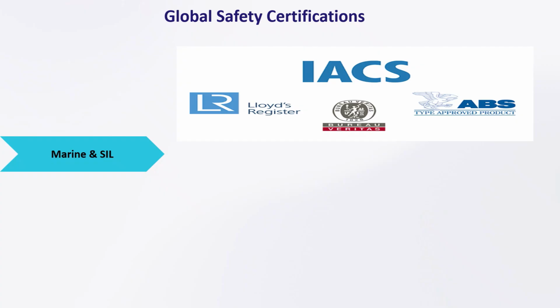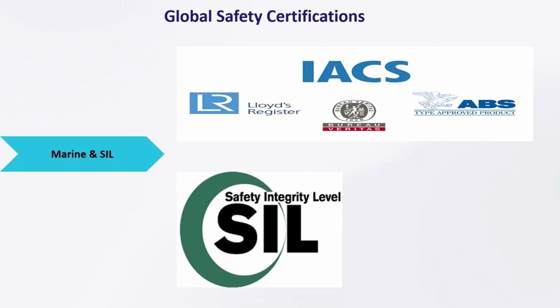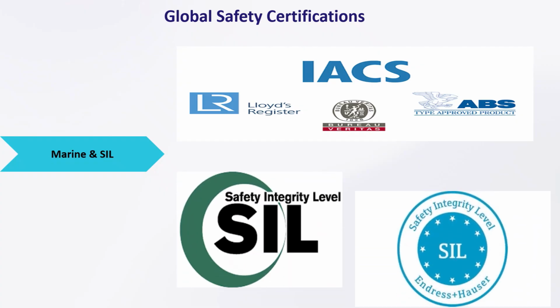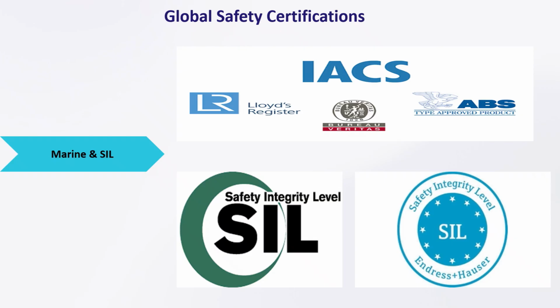F. Functional Safety Certification, SIL. SIL stands for Safety Integrity Level, defined in IEC 61508 and IEC 61511. This certification is used for safety instrumented systems, where equipment must perform reliably during a critical safety event.